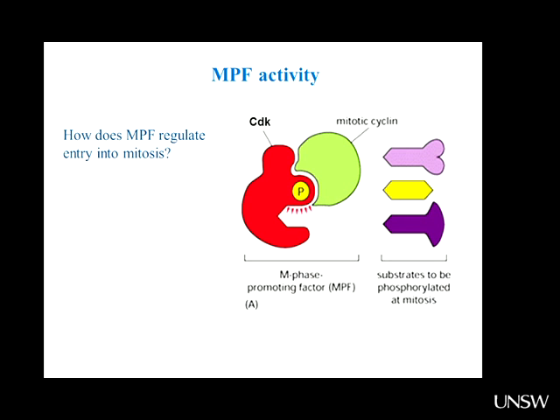And some of those key substrate targets that it phosphorylates are the proteins that make up the nuclear membrane. And when they get phosphorylated and thereby acquire a net negative charge on each individual protein that forms the membrane, they repel each other and come apart, and so the nuclear membrane breaks down.